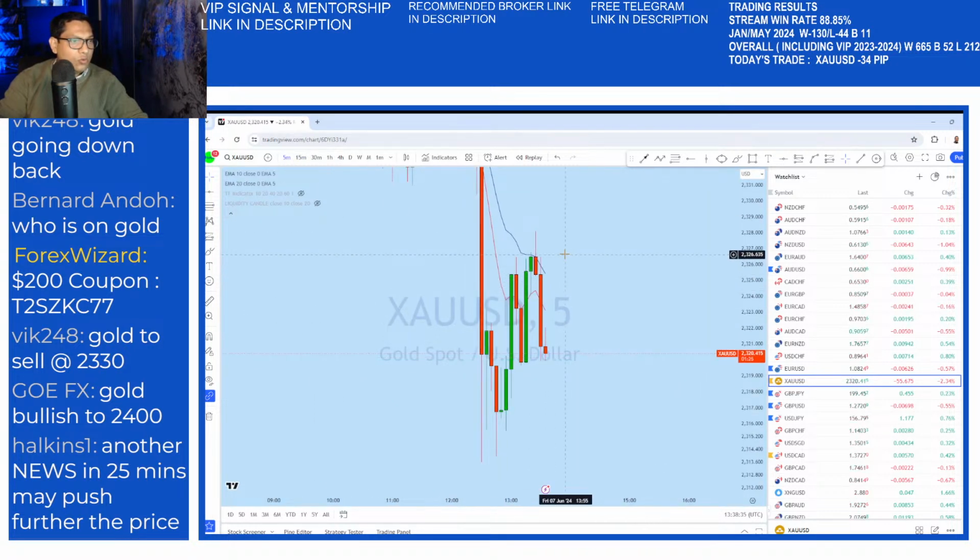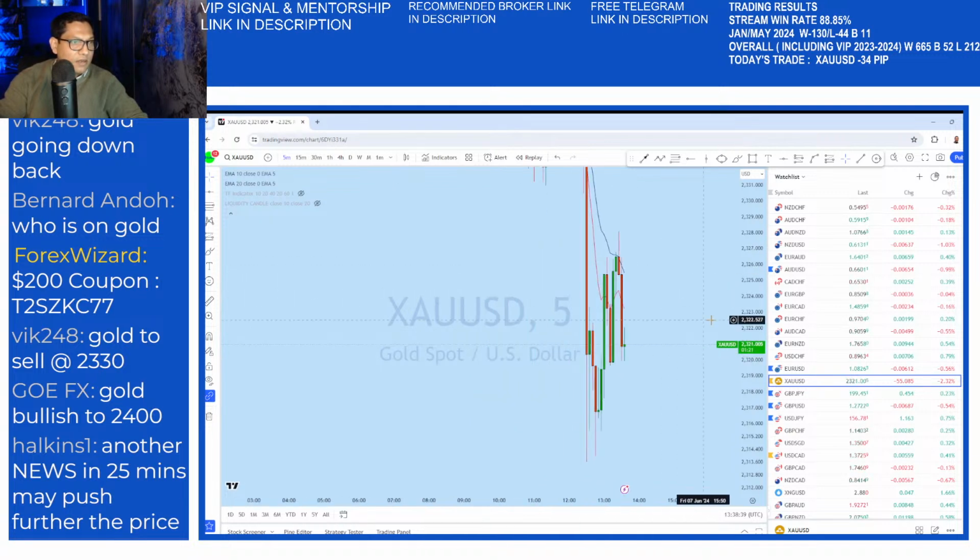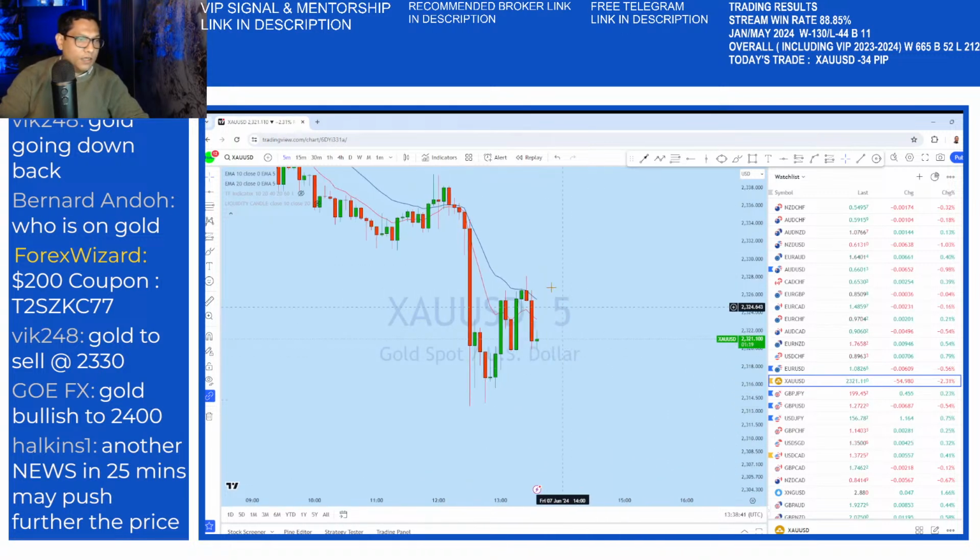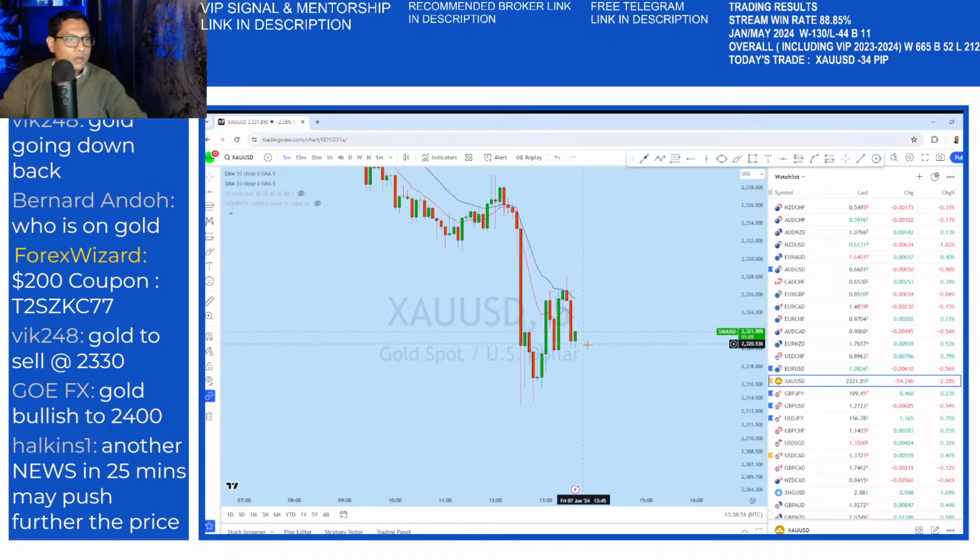On the 15 minutes, we could sell this candle. This is a middleman, but it's a very high volatile market, so you might see bigger stop loss. That's the only problem that we are having to sell that.